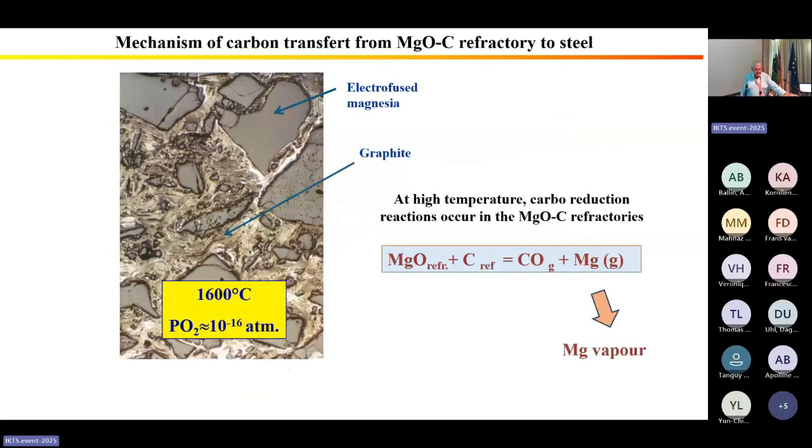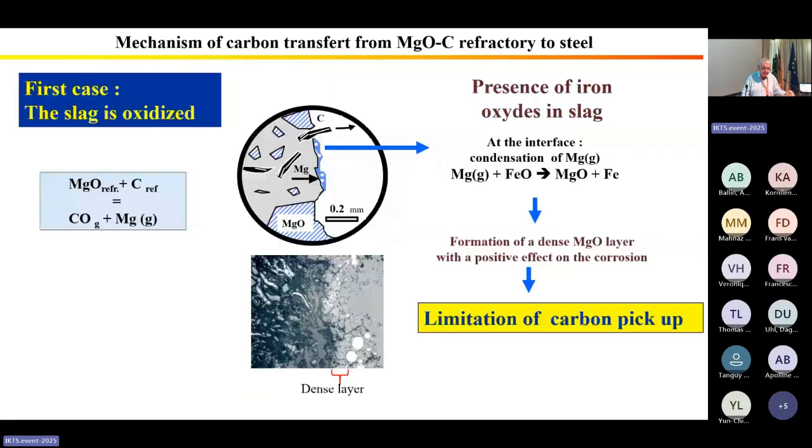What's happened? In our refractories at high temperature, the partial pressure of oxygen is very low, typically 10 to the power minus 16 atmosphere. At high temperature, we have a carbon reduction reaction, and we have the reduction of magnesia by carbon, and we form magnesium vapor.